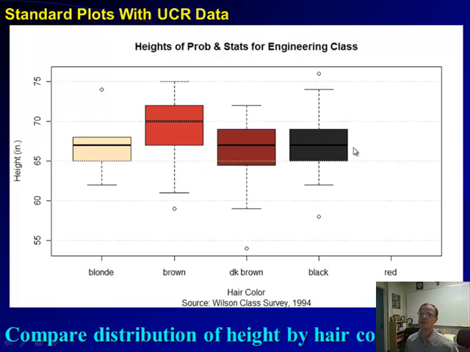All the heights are about the same, except those brown-haired folks do look a little higher. Is it statistically significant? Does it reflect something in the population? That's a question we'll have to get to later in the course. But just breaking it down in a nice graph can at least lead to that question that we might be interested in looking at.